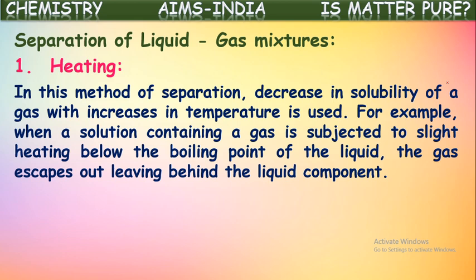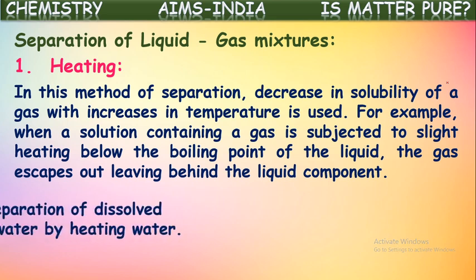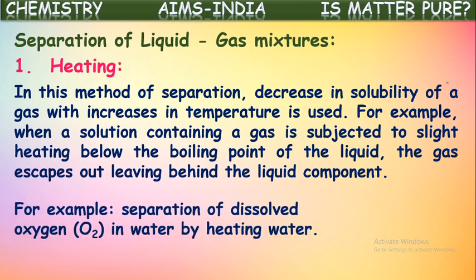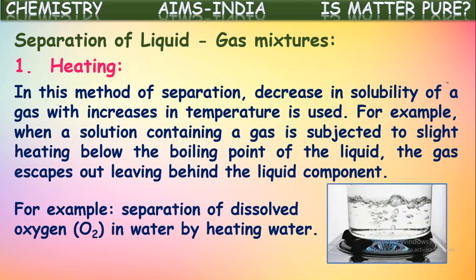For example, when a solution containing a gas is subjected to sunlight or heating below the boiling point of the liquid, the gas escapes out, leaving behind the liquid component. For example, separation of dissolved oxygen in water by heating it.